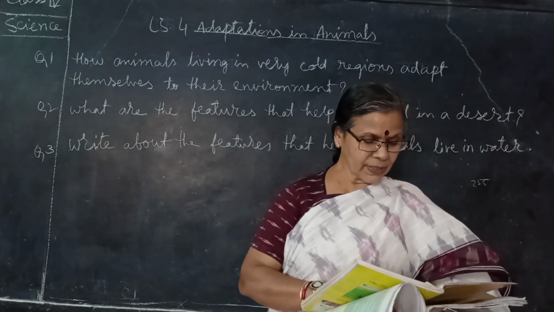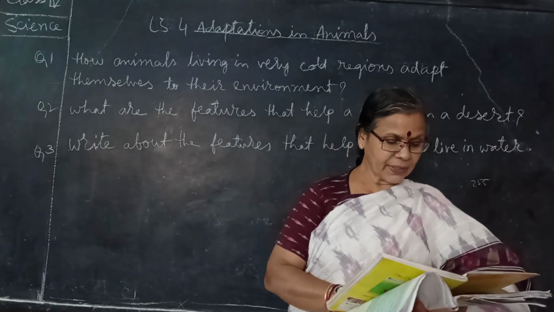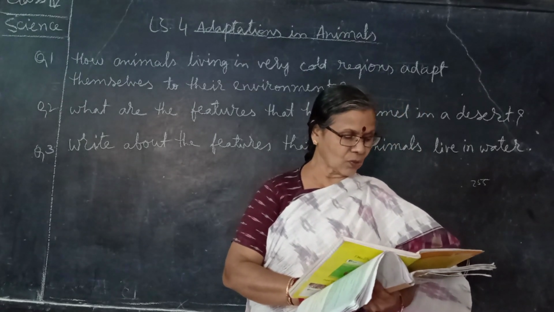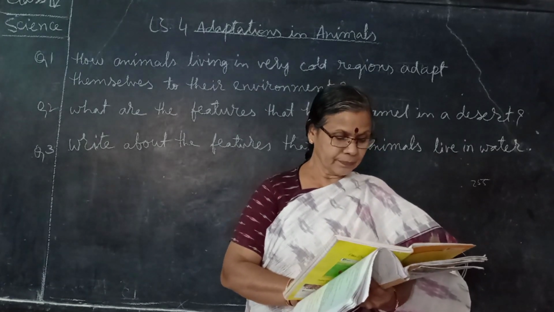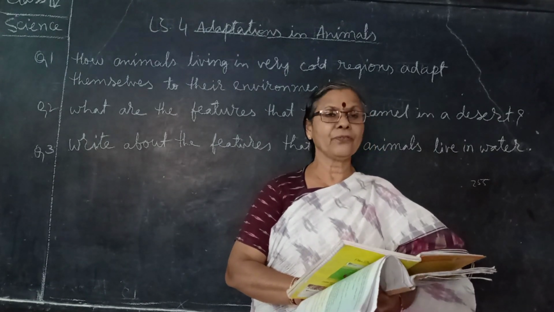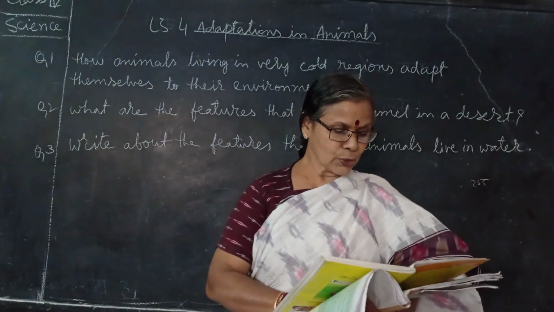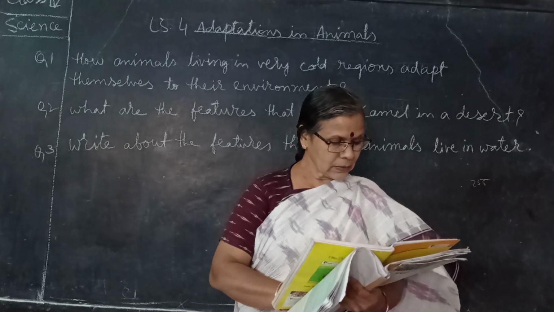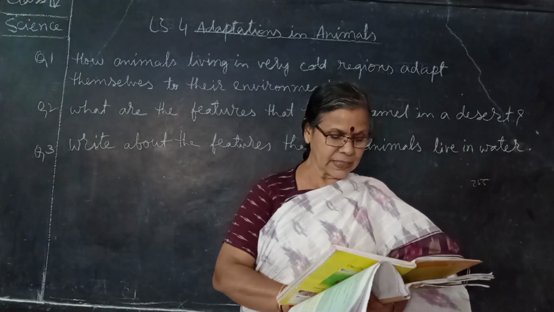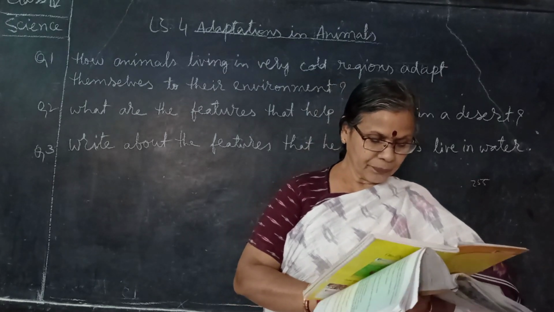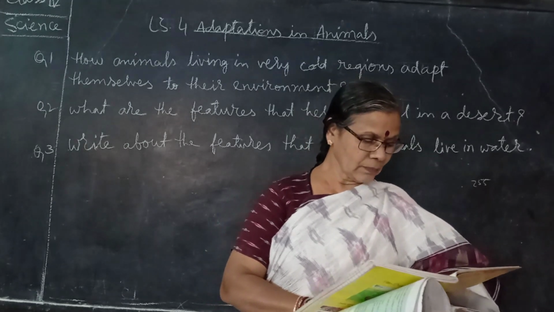Write about the features that help animals live in water. Animals have different features to help them live in water. One is, a fish has fins to help it swim. Second point, turtles, seals and dolphins have flippers to help them swim in water.